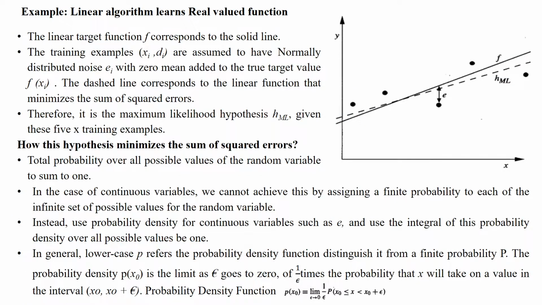So here the linear algorithm learns a real valued function, as depicted in this picture. The linear target function f corresponds to the solid line. This line indicates the actual output, because our table has the labels.